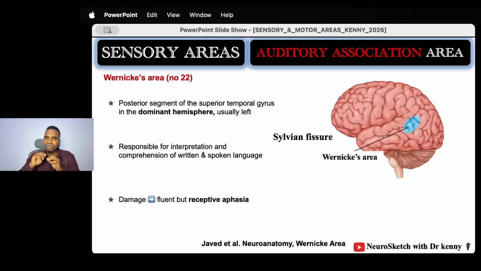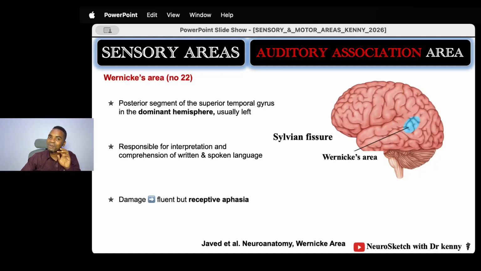For you to be able to understand what someone is saying, the language comprehension, you need to have this area intact. For you to be able to make sense of what you are saying, you also need to have this region intact, which is Brodmann area number 22.